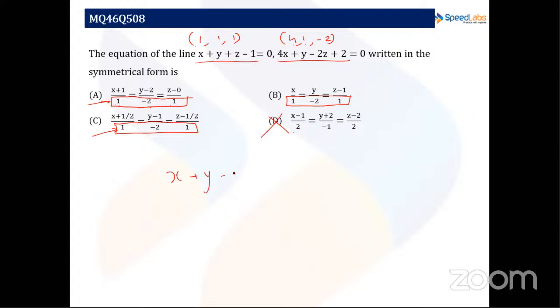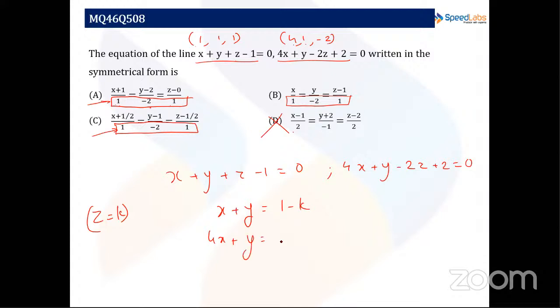x plus y plus z minus 1 equals 0, and 4x plus y minus 2z plus 2 equals 0. Let's say our z coordinate is some k. So we will have x plus y equals 1 minus k, and from here 4x plus y equals 2k minus 2.